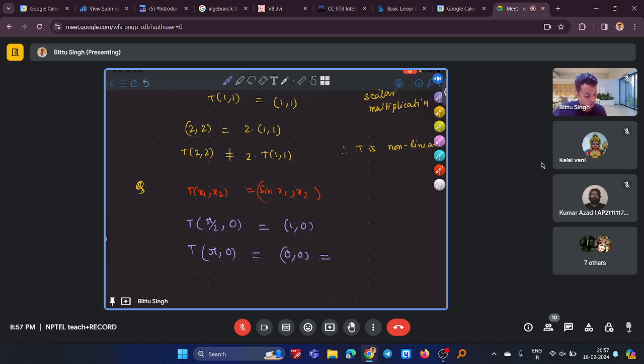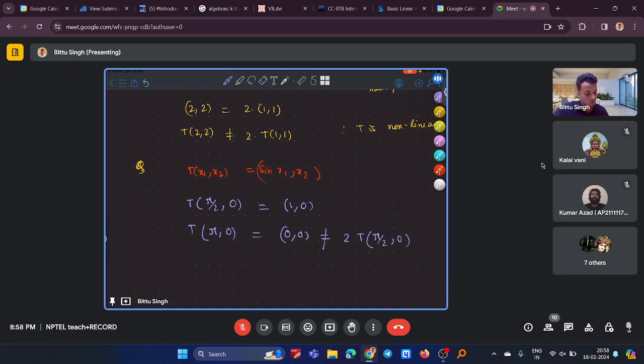This is not the same as 2 times T of pi by 2 comma 0. Again, T is not respecting the scalar multiplication, hence T is non-linear, not a linear transformation.